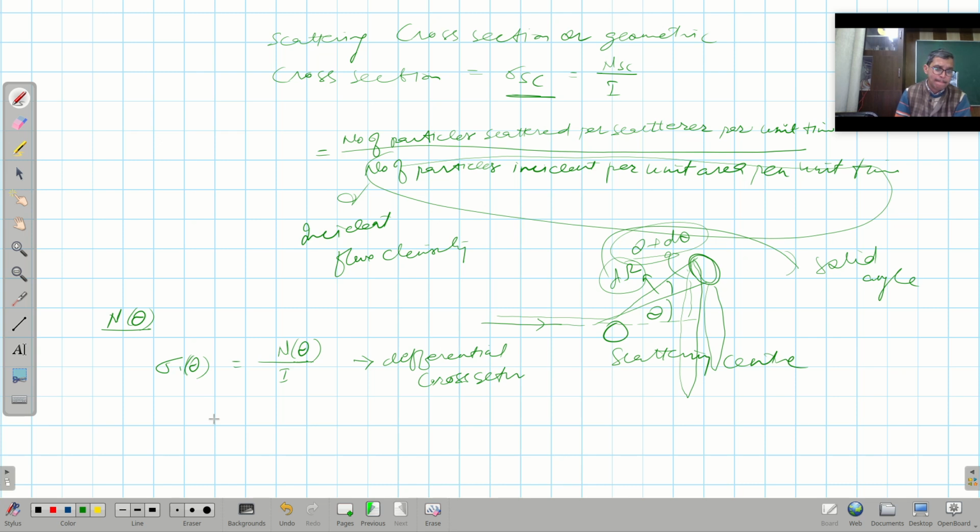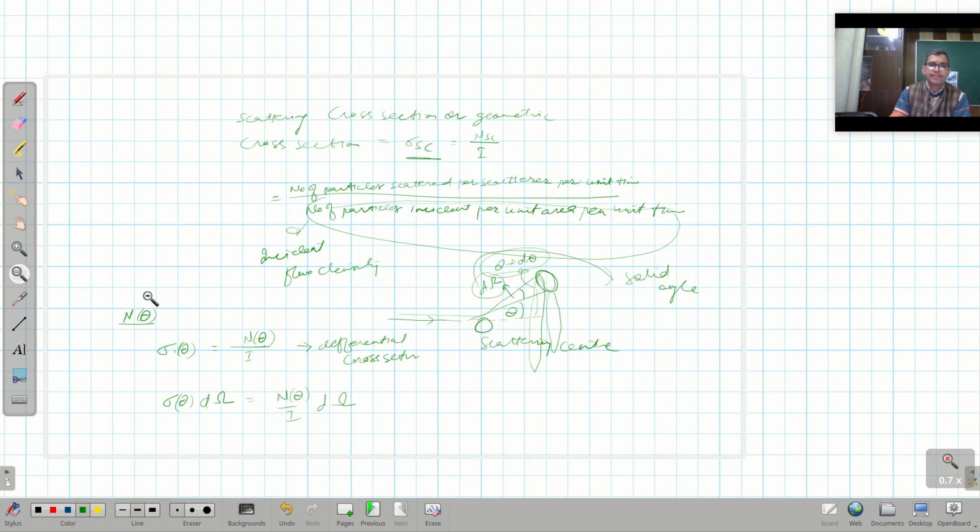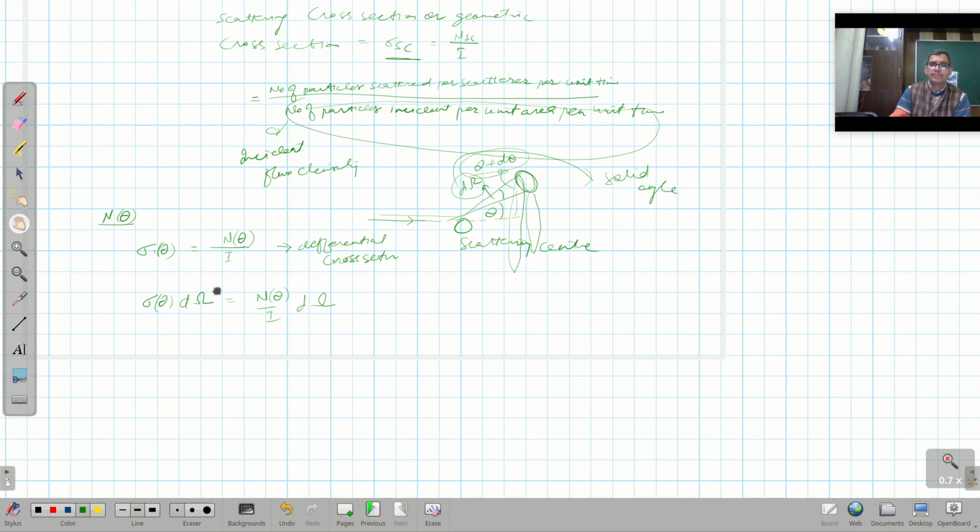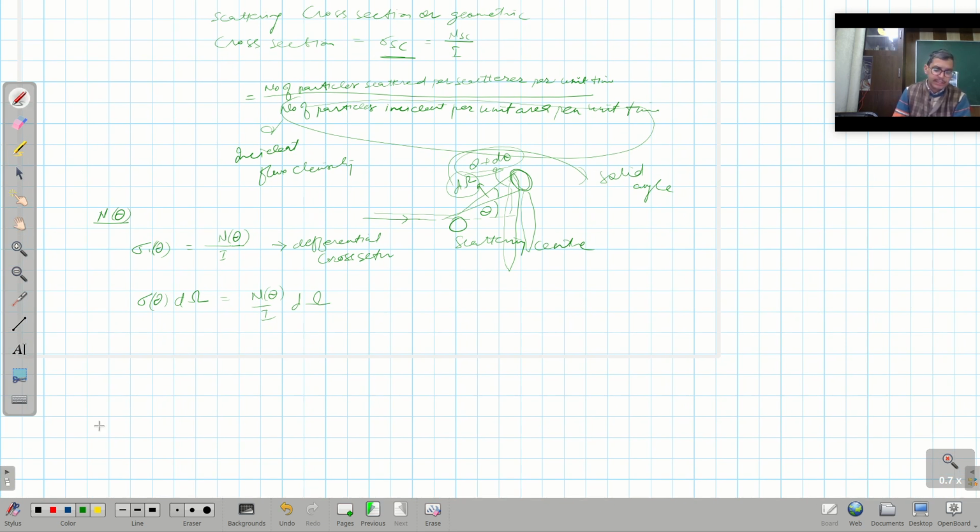Therefore the scattering cross section sigma theta with d omega can be written as N theta over I into d omega. What is this quantity representing?